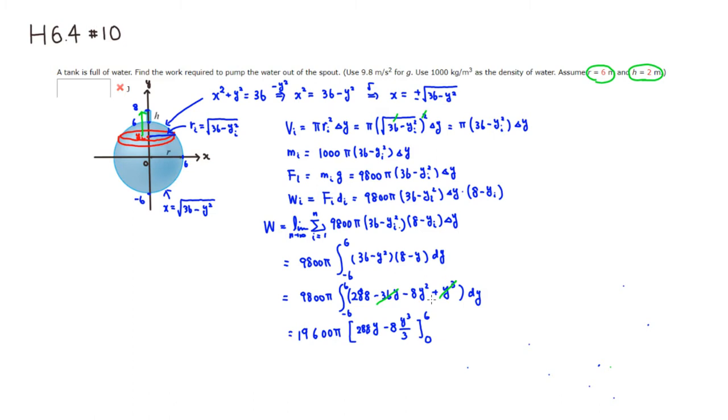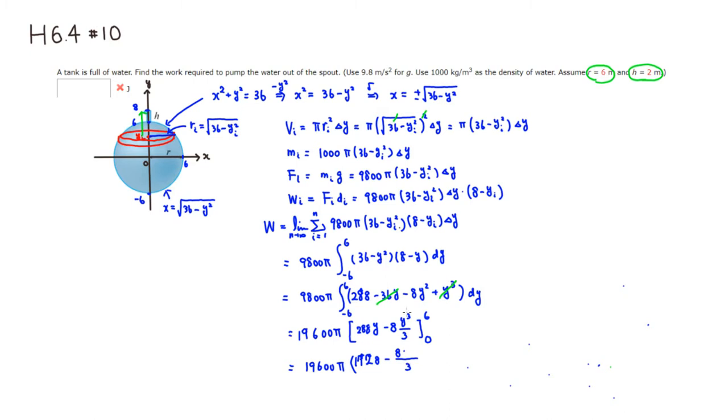So what you get is 19,600 pi times: you plug in 6. 6 times 288 gives 1728, minus 8 times 6 cubed over 3.